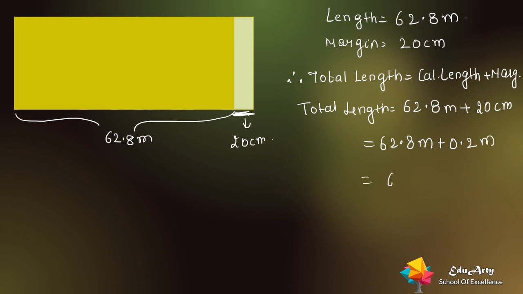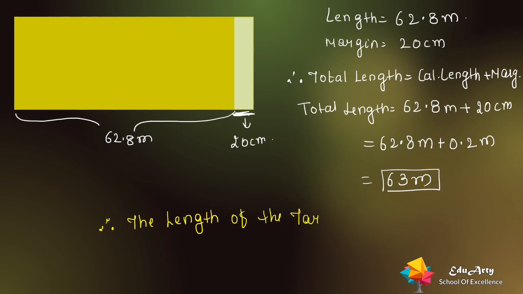You will get 63 meters. This is the actual length. This is your final answer. Therefore, we can say the length of the tarpaulin is equal to 63 meters. This will be your final answer. Correct?